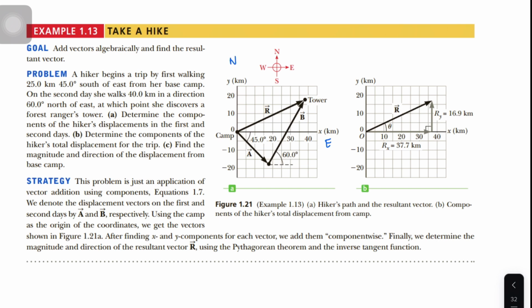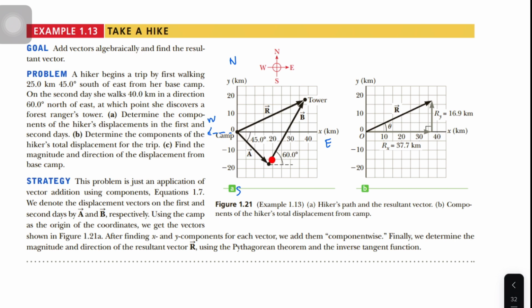Positive x is our east, here is our north, here will be our south, and toward this will be our west. So now we have vector A, the magnitude of it 25 kilometers, the angle from the x-axis 45 degrees. How to put it? From the east toward the south. That is how.